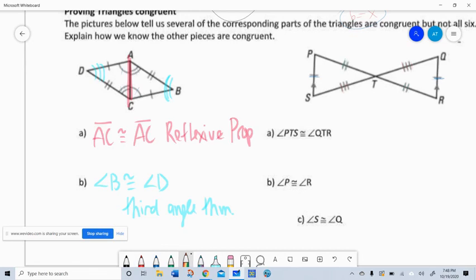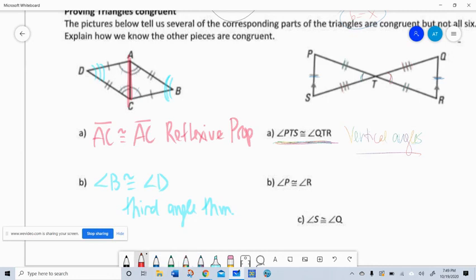So the first one is, is angle PTS congruent to angle QTR? Well, I am sure hoping that you're looking at those two angles and thinking they have to be congruent. And the reason they have to be congruent is that they are vertical angles. And we know that vertical angles are always congruent.